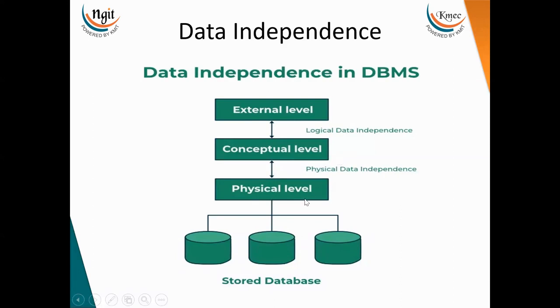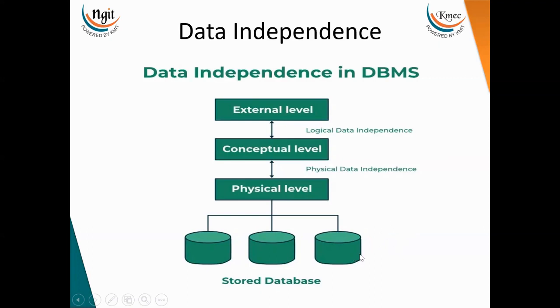Coming to the physical level or physical schema, how the data is actually stored will also not be shown to the end users. Why? How the user is going to access the data, we know. The users may access the data through any kind of web application, or through any interface, any mobile application as well.